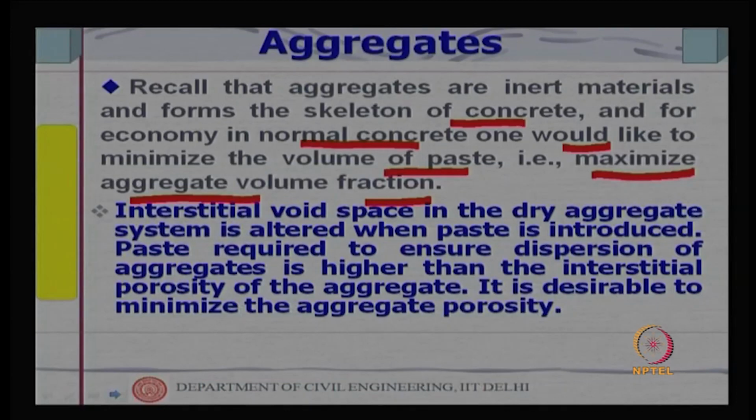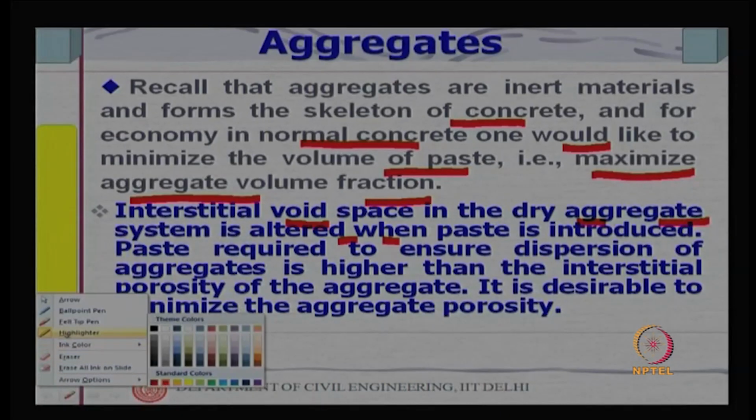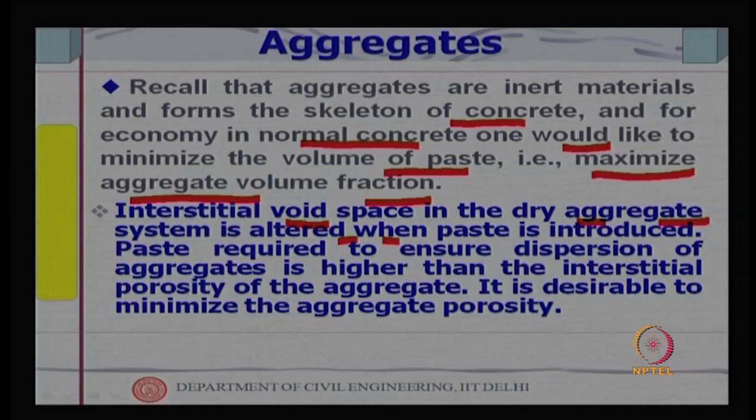Now, where does paste go? Paste actually goes into the interstitial void space of aggregate. Interstitial void space in the dry aggregate system contains paste, and when one puts this paste inside or mixes them together, there is an alteration of the space.